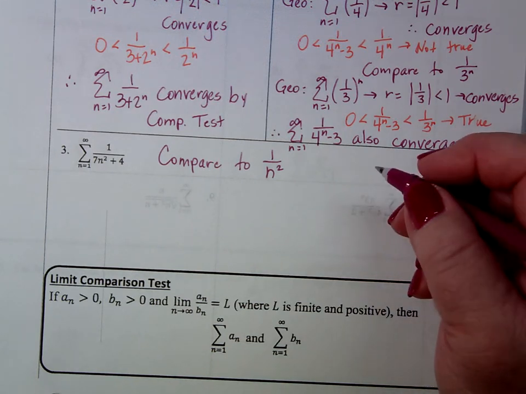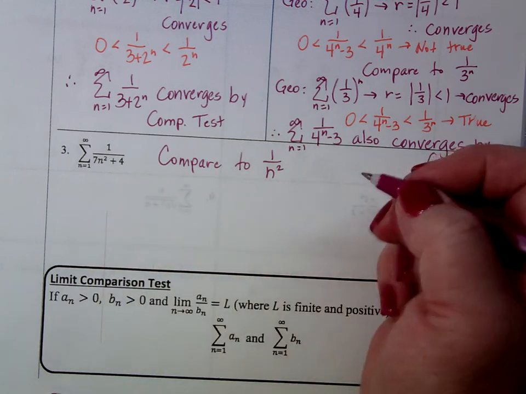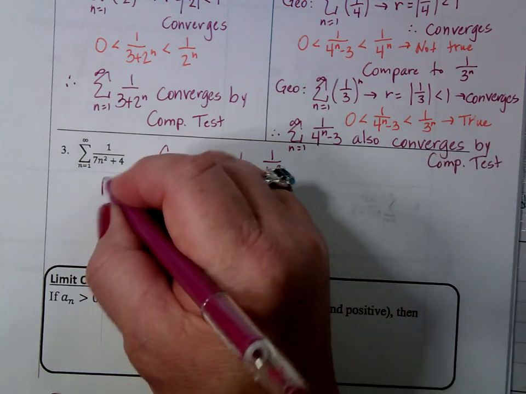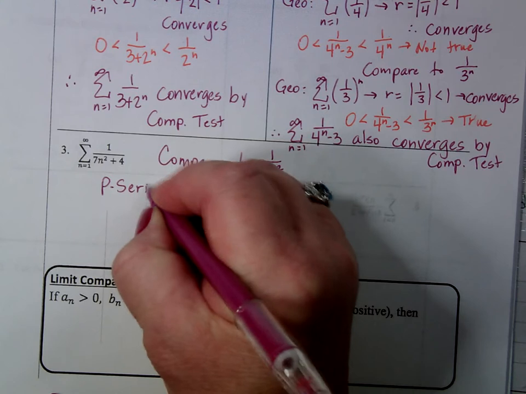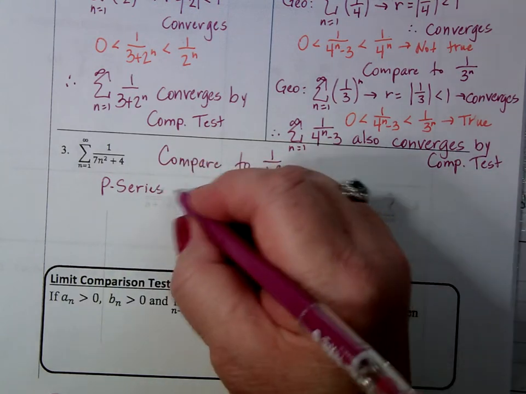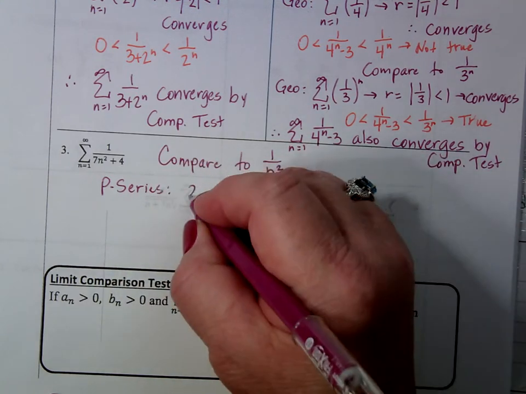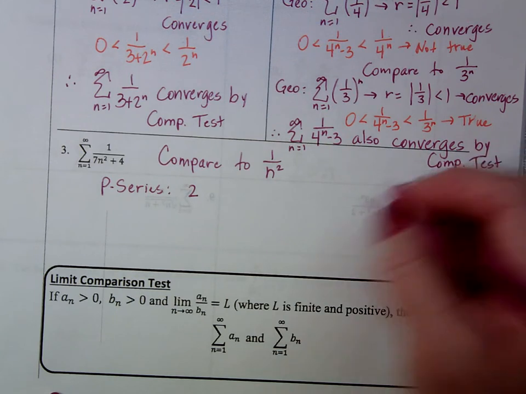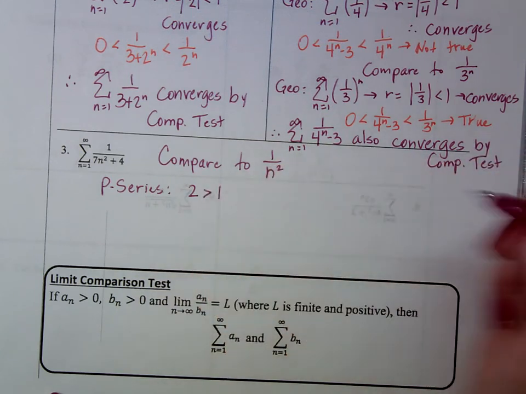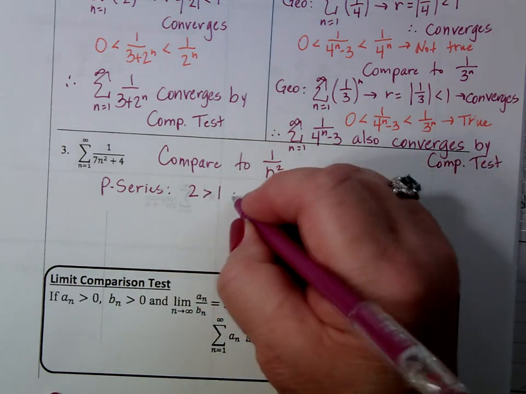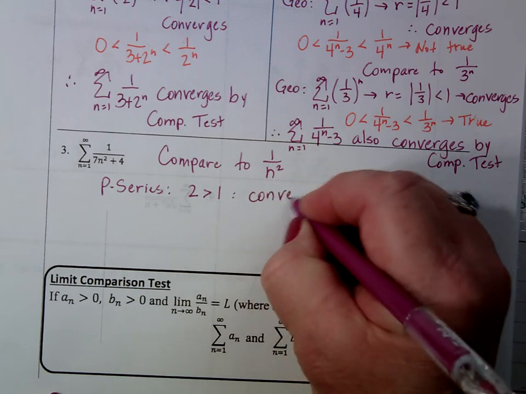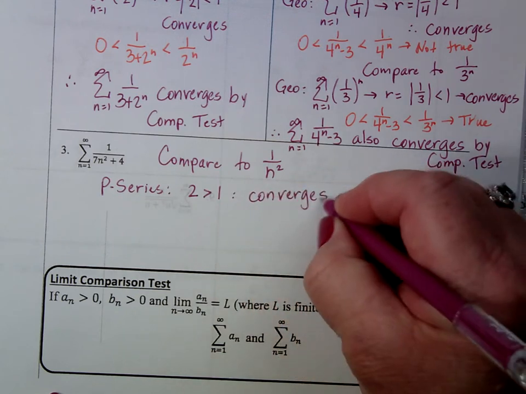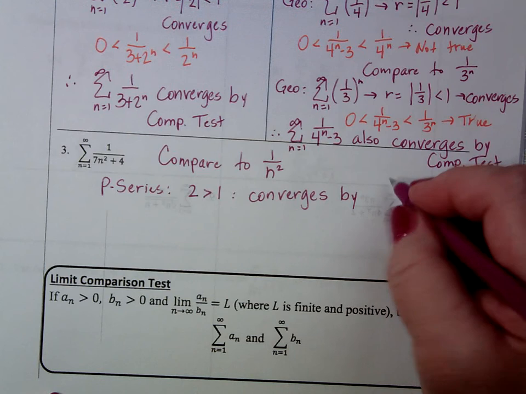Well, that's nice because that guy then is a p-series, right? This is a p-series. And I know my power is 2. And if my power is greater than 1, according to the p-series, it converges. By p-series.